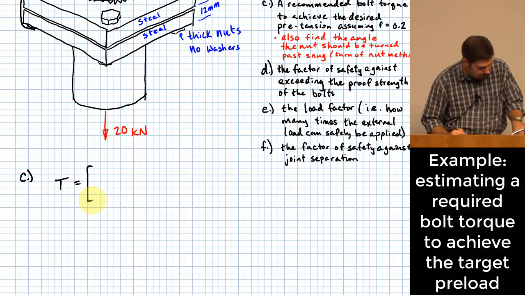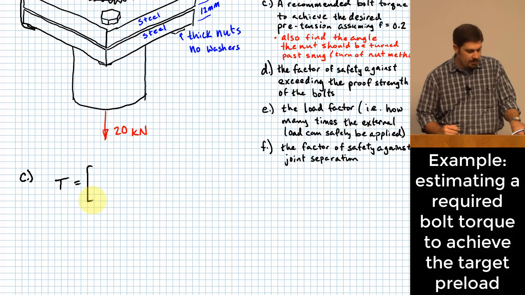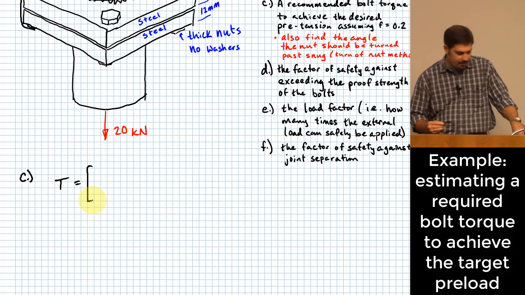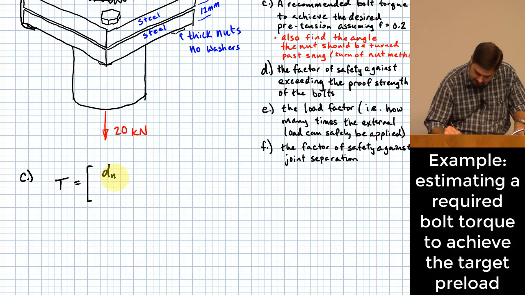take here and do the mean diameter for a, I'll just write this whole thing up here. D sub m over 2d is the first term.